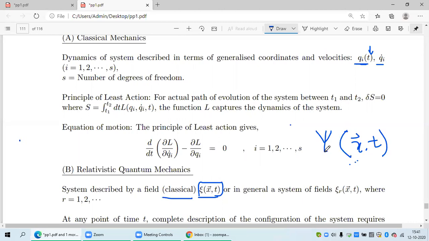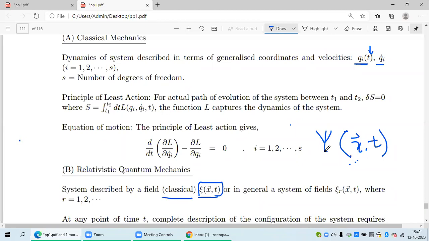When you study classical mechanics, time is your parameter, and all other quantities in your theory are just functions of this independent quantity, time.